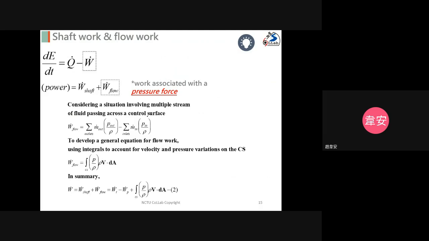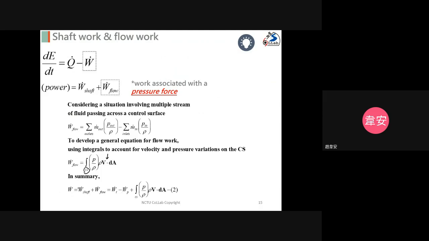But since we cannot actually know that the flow direction is always parallel to the normal vector of the cross-section area, we involve the dot product, and we know that there's an outflow minus the inflow. We can deal with the problem with the integration along the control surface.